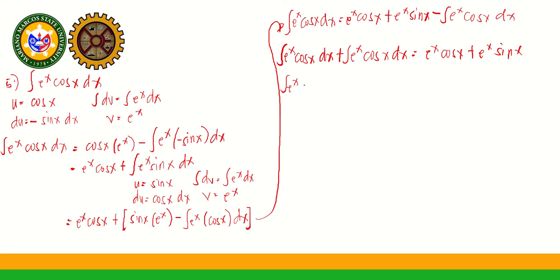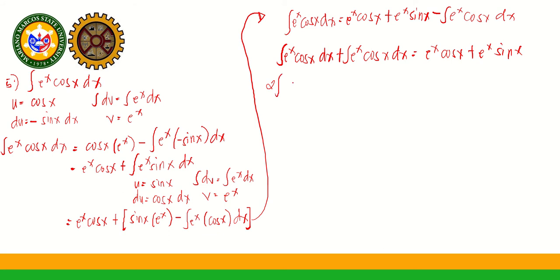So, we have this equal to 2 times the integral of e raised to x cosine x dx. Okay? And equal to e raised to x cosine x plus e raised to x sine x. And para matira to sa left side natin, divide natin both sides by 2.